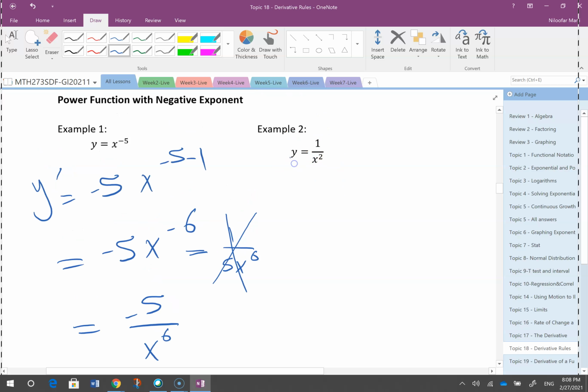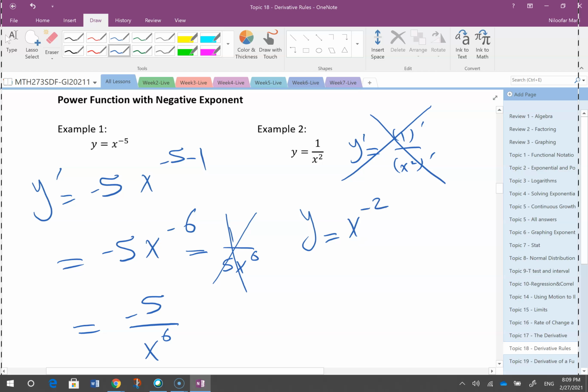I told you, derivative of division, I cannot say y prime is derivative of this divided by derivative of that. No, no. You are going to see division and multiplication in lesson 20 and 21. So what should I do now? Remember, this is x power minus 2.